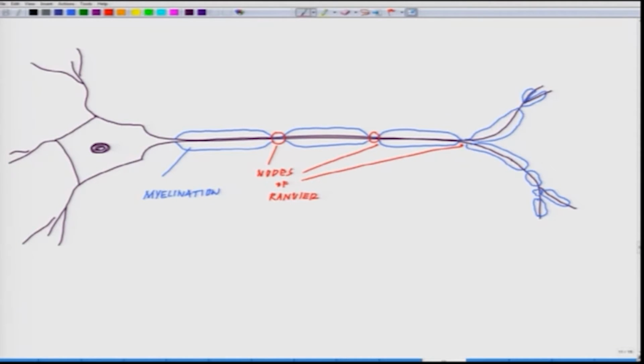And nodes of Ranvier have a very high population of voltage gated sodium channels, and the action potential has a saltatory mode. It looks like it is jumping like this.